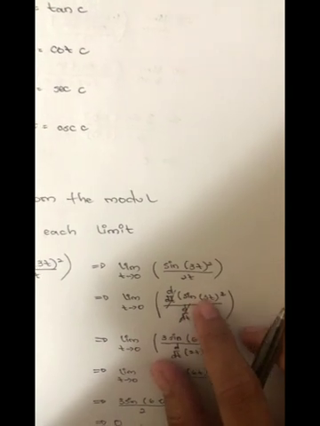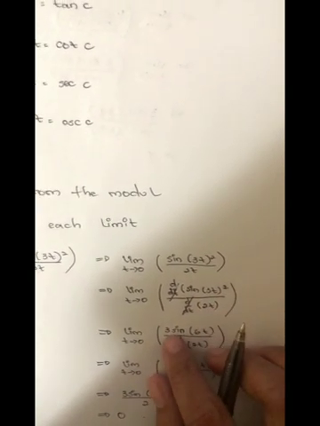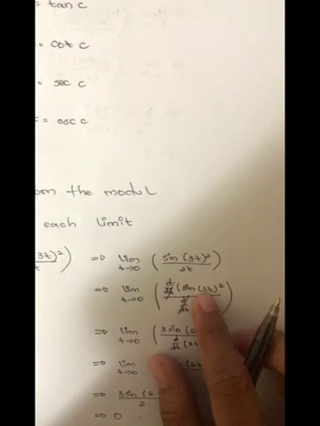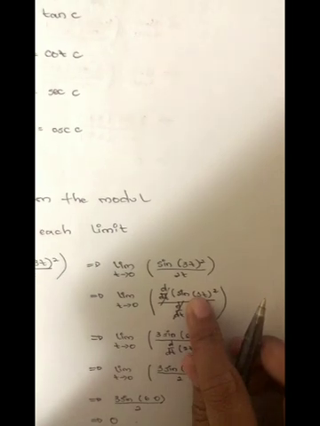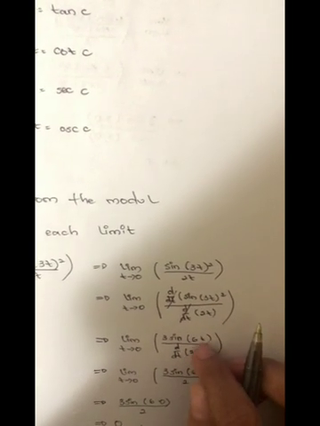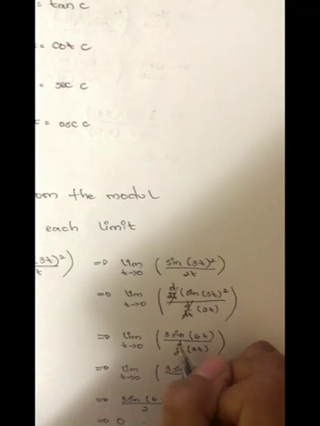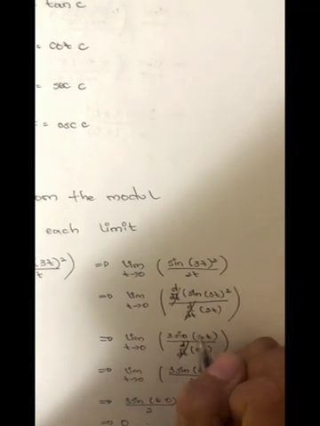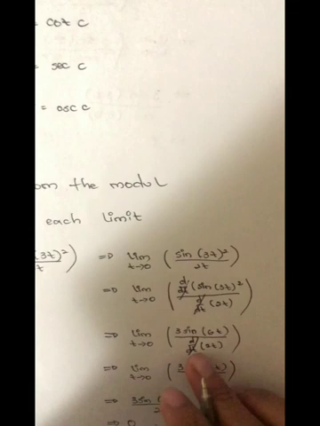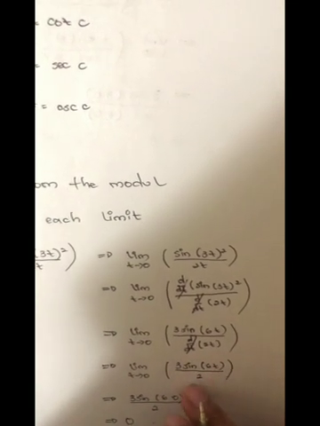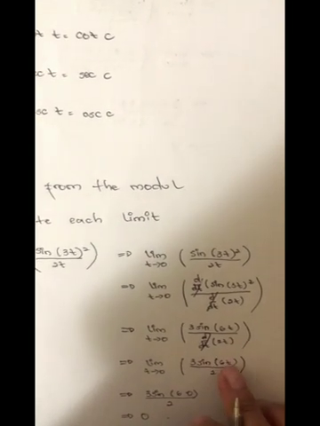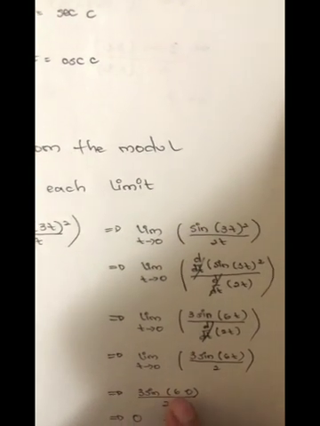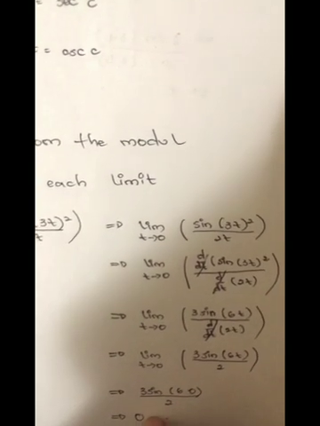Sin 3t squared over 2t becomes 3 sin 6t over 2. We substitute the value of t with 0, so 3 sin(6 times 0) over 2, which is 0.